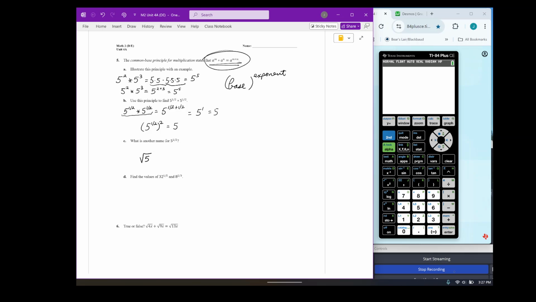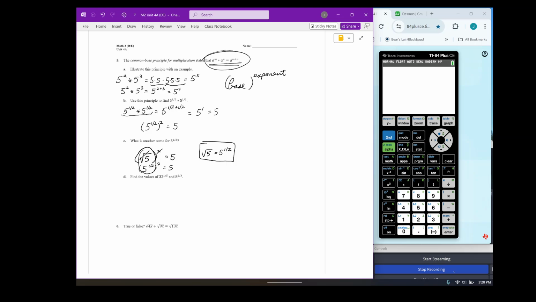Because you might remember that the square root of something and squares cancel each other out. They're inverse operations. So since 5 to the 1 half squared equals 5 and root 5 squared equals 5, then these guys have to be the same thing, right? Root 5 is another name for 5 to the half.